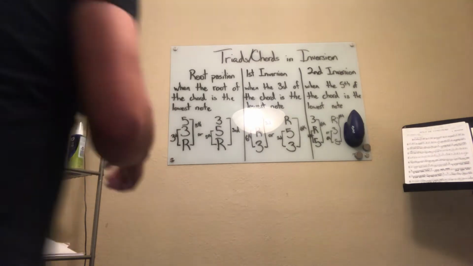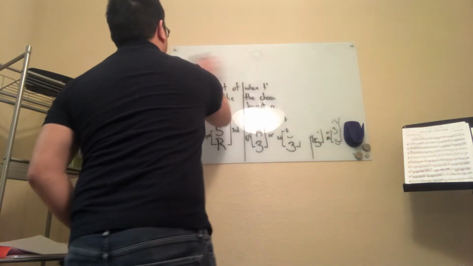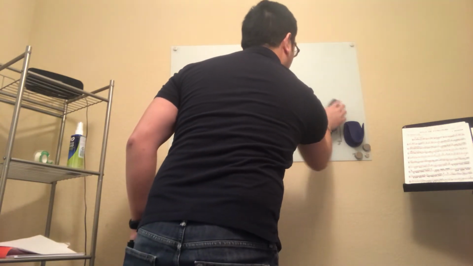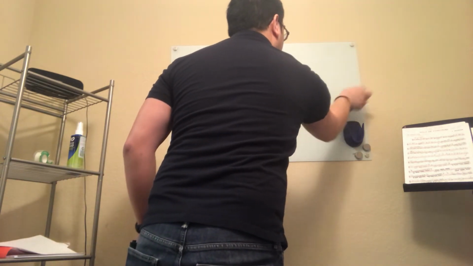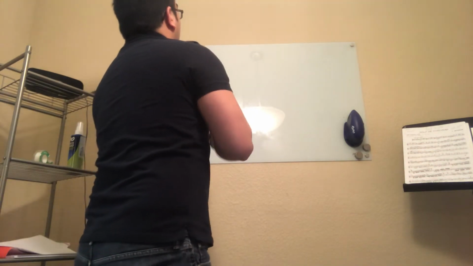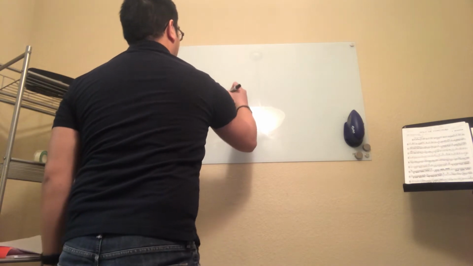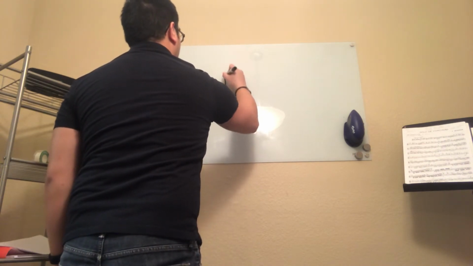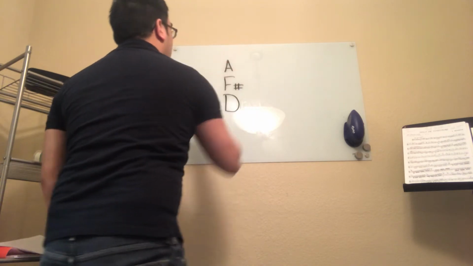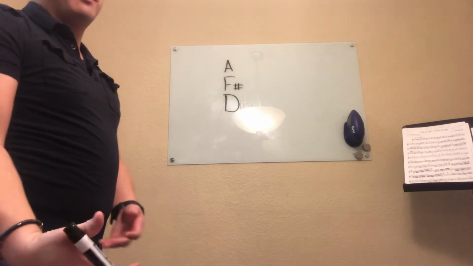Alrighty, so let's start taking a look at some chords. If we were to have this triad, D, F sharp, and A, we would need to first identify the triad.